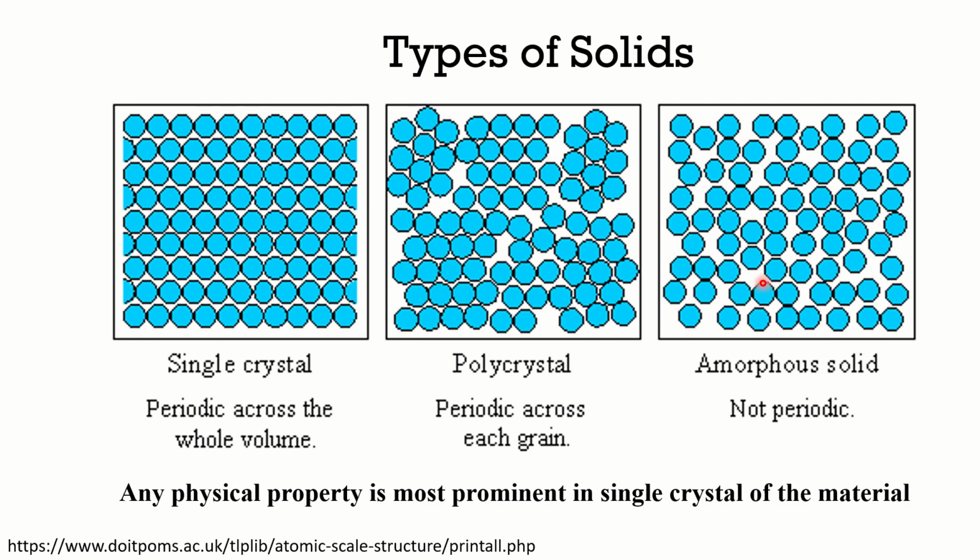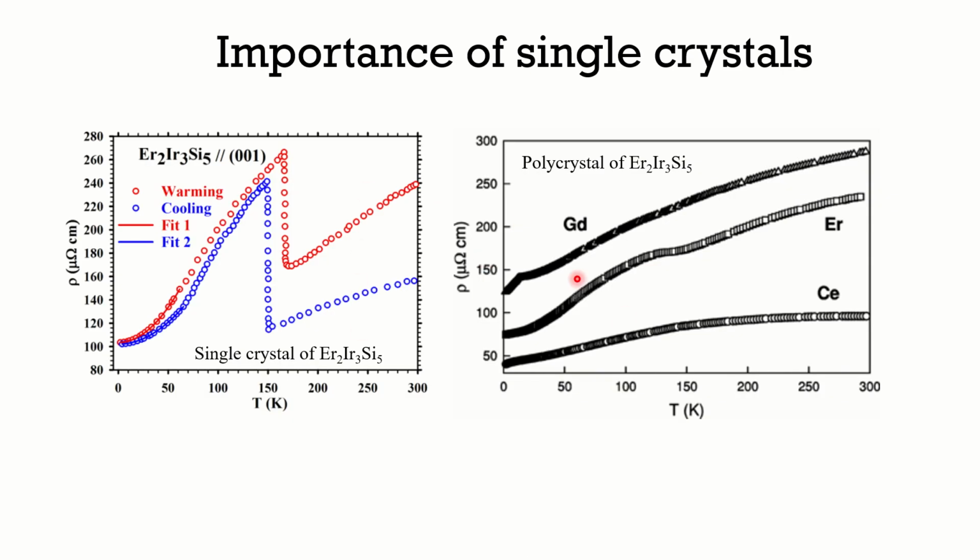Now, one important point is that any physical property is most prominent in a single crystal of the material. So, in a single crystal, the property is more prominent than in a polycrystal or amorphous solid. For example, let us discuss this. This is resistivity as a function of temperature.